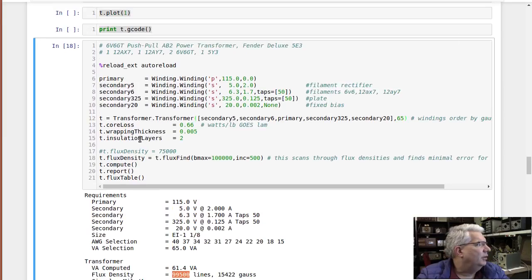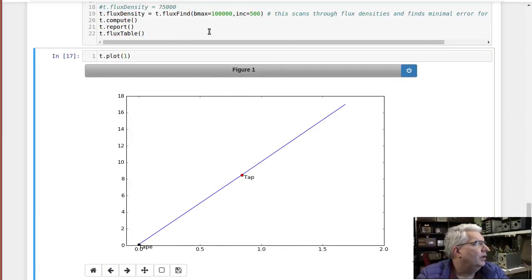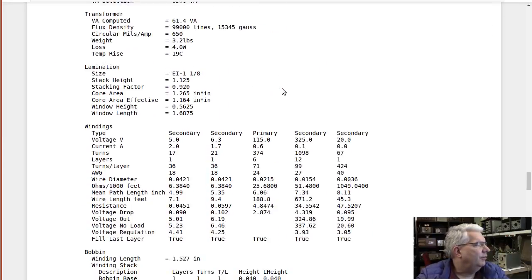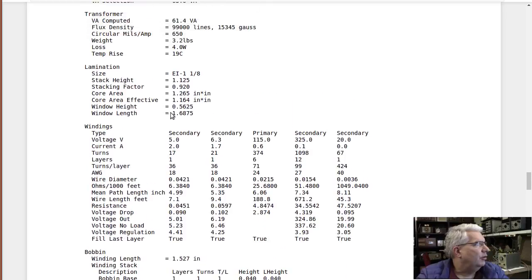Let me see if I change that, what does that end up being? I'm going to change it down to 650 from 800. That's the default value. So it's going to run all the numbers again, and it looks like it went down because it got to choose smaller gauge wire for the wire that I have. So now my fill window is 84%, and the temperature rise went up to 19C, which is completely acceptable.